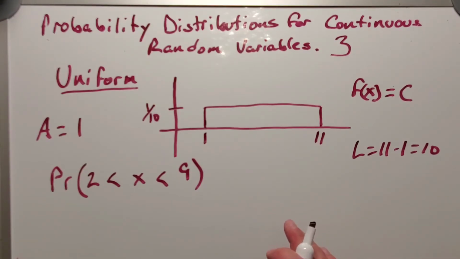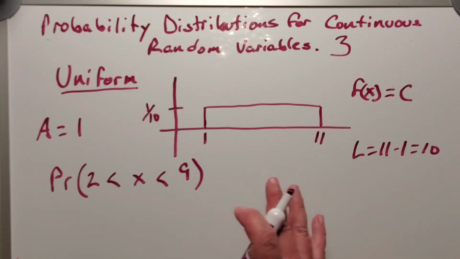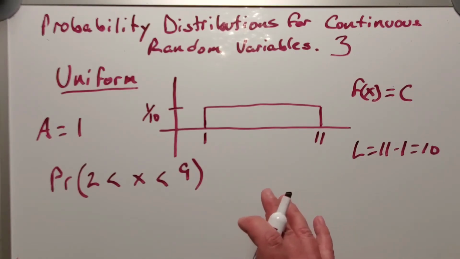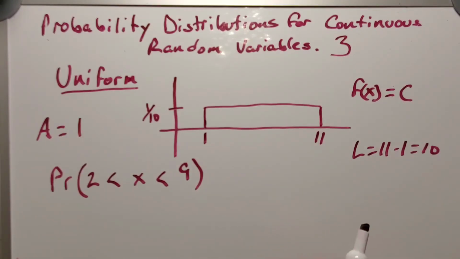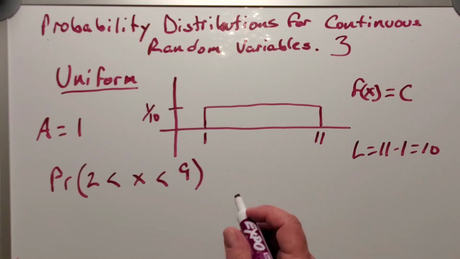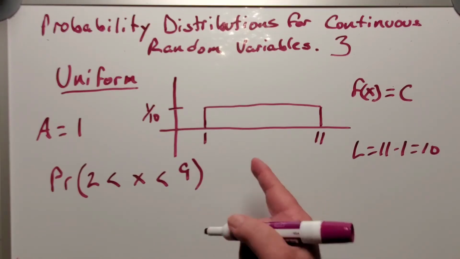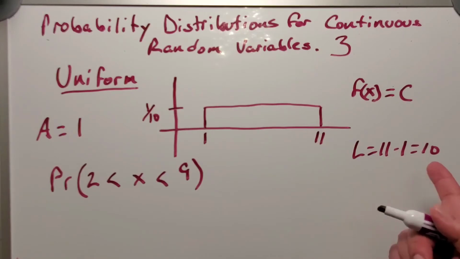To do that, we're going to have to do it in terms of proportions. There are a few ways we can do that, but the first way that I want to talk to you about is actually a little bit easier. It's not necessarily the most rigorous way to do this, but this is always going to be correct, and it's one way that's very easy. I know that the length of this is 10 units.